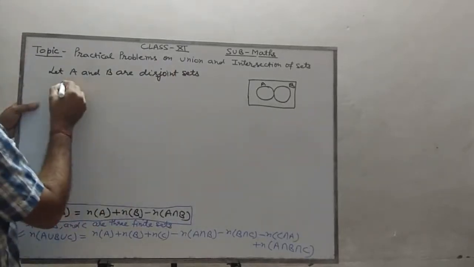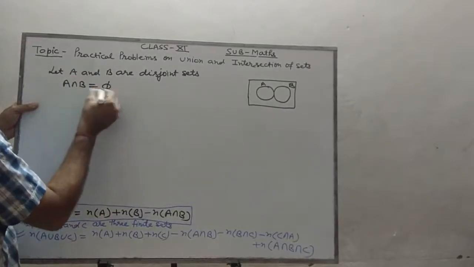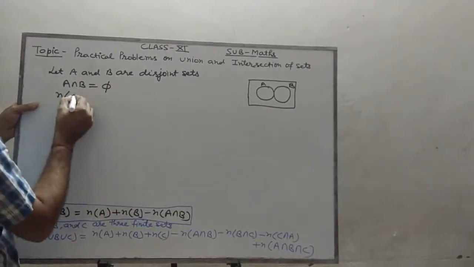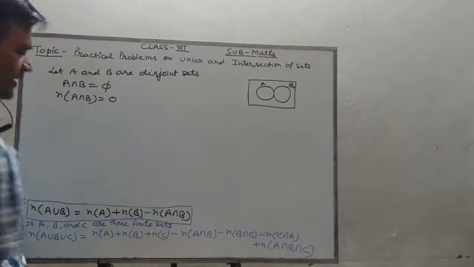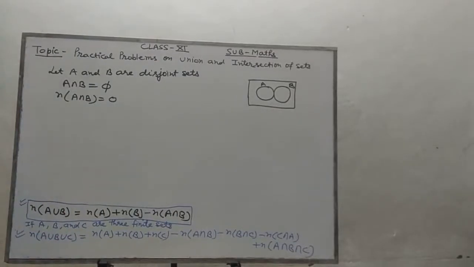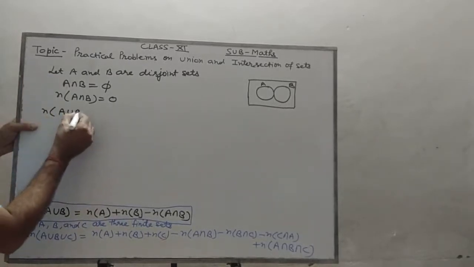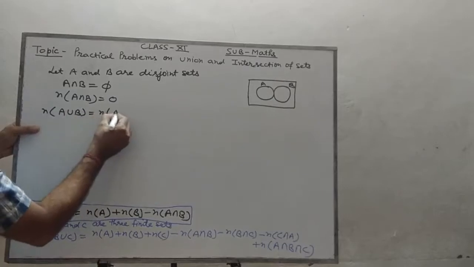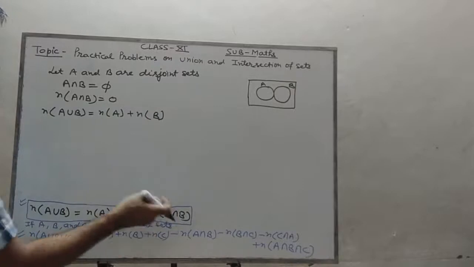Then A intersection B is equal to phi. So how many elements will be in A intersection B? If this is phi, then there will be 0 elements. So if we apply this result for disjoint sets, then we can write number of elements in A union B is equal to number of elements of A plus number of elements of B minus 0.